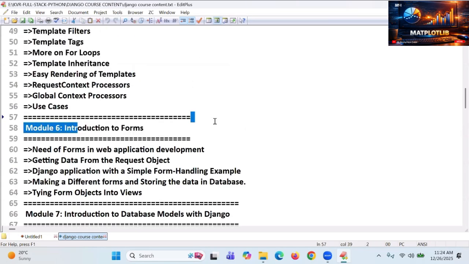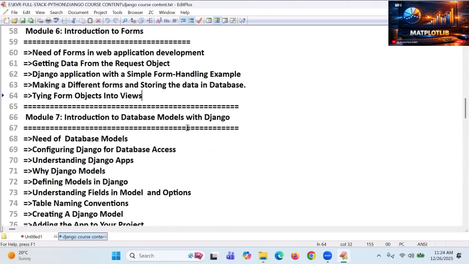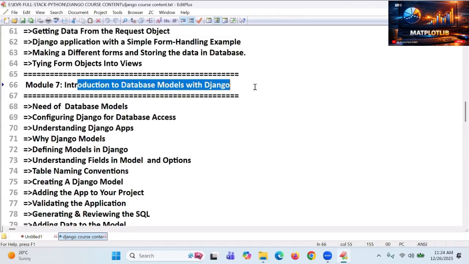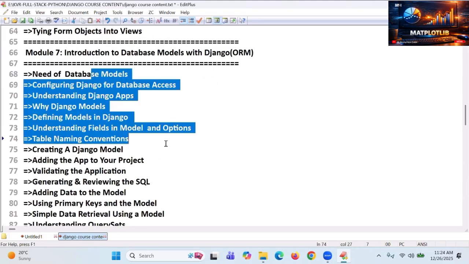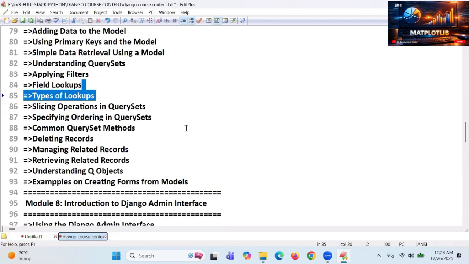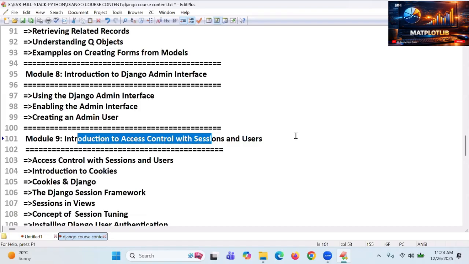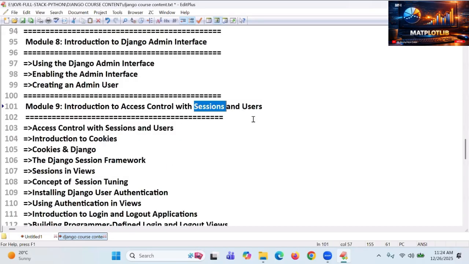Forms, HTML forms linked with the server, web forms. Next, database models, ORM models, SQL injection and all. Next, all Django models topics, adding to the project. Next, admin interfaces, sessions: introduction to sessions, URL sessions, cookies, HTTP sessions, hidden forms, like that.